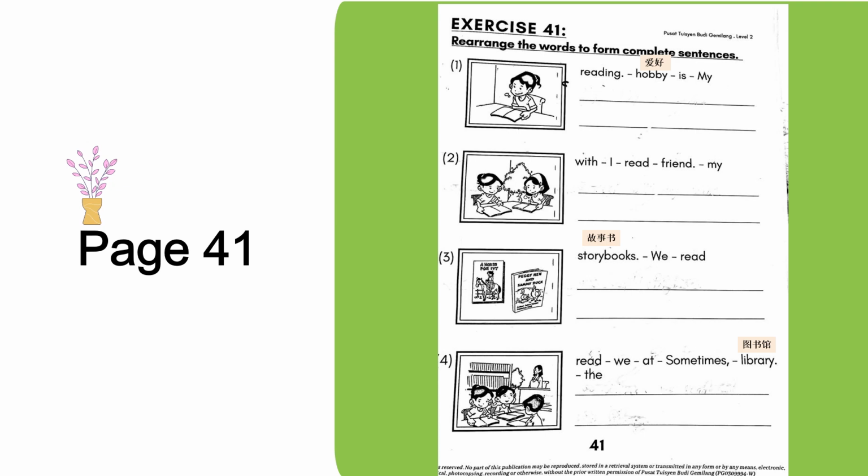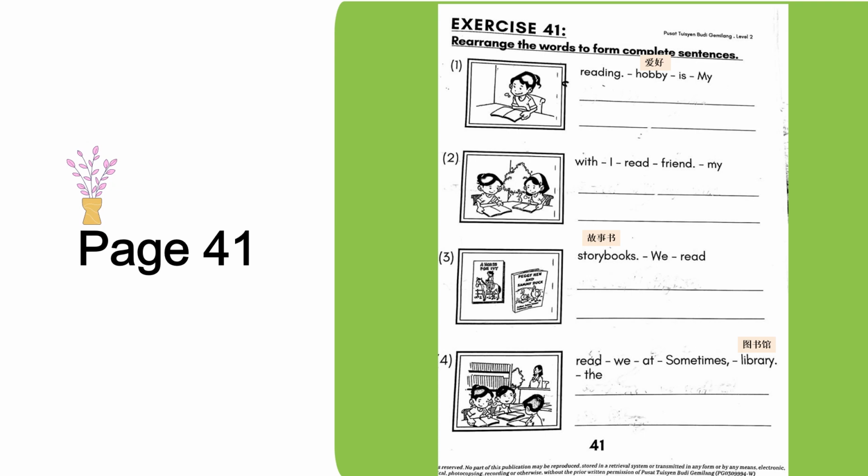Alright, number 3. Storybooks 就是故事书。So subject, 我们读故事书。Can you write on your own? And number 4. Read, we, at, sometimes. Library, the. So sometimes is the first word that you need to write.